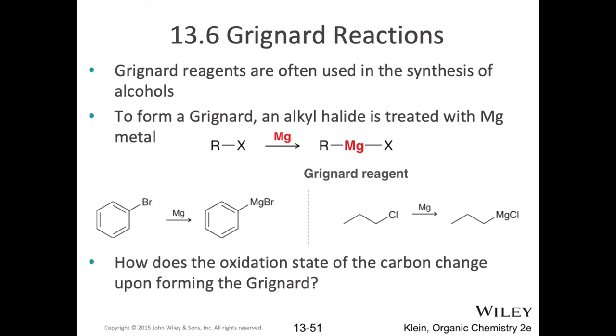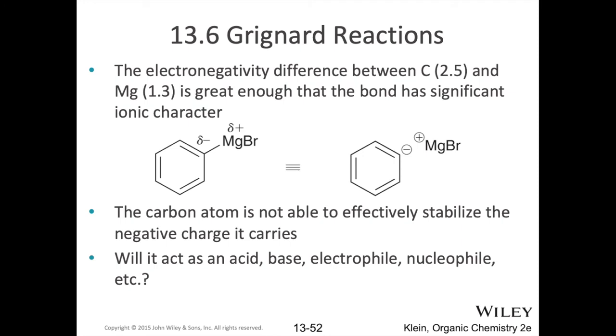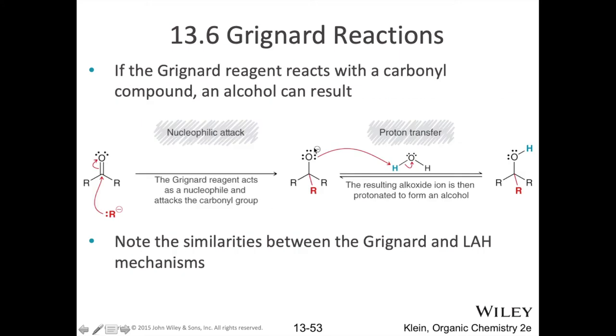But in doing so, you're extending the carbon skeleton of your carbonyl when you convert it into that alcohol. I explained that all verbally, but this shows where we get our carbanion from.